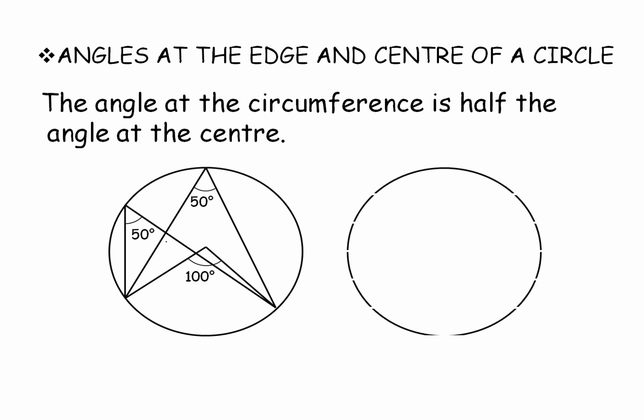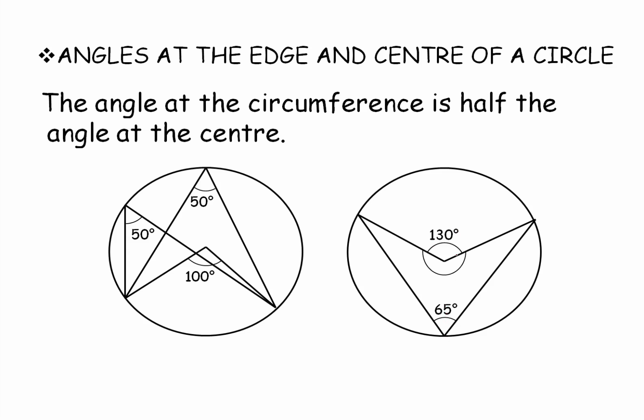So let us see another one. We see here also we have this angle that is in the center, and we have this at the circumference. So if this angle in the center is 130 degrees, the angle at the circumference is half of this 130 degrees, which would be 65 degrees.